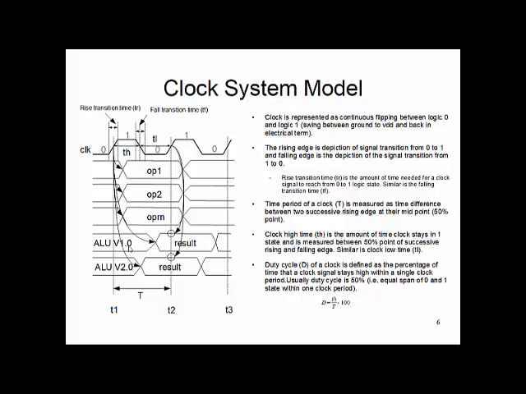Your designed ALU better produce the result by then. It can come faster, it can come slower. The rest of the system doesn't really care. It basically picks up the result always at this time point. Okay, so that's about the clock systems.